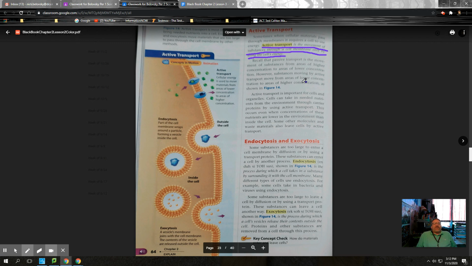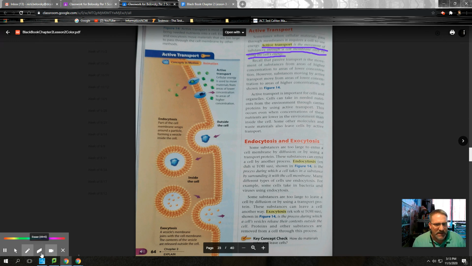Now, before we said passive transport is when the cell does not have to use energy to get things. Active transport is when the cell actually has to do work and use energy to bring things in and out. Okay. Now, there's several examples that are shown here.